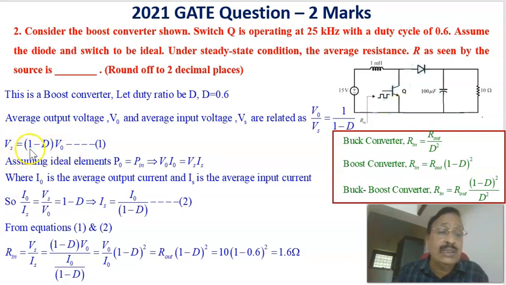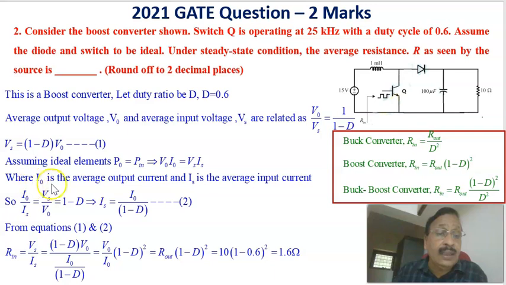Therefore, the input voltage equals 1 minus d times the average output voltage. That is equation 1. Now we assume ideal switching elements as well as an ideal inductor and capacitor.